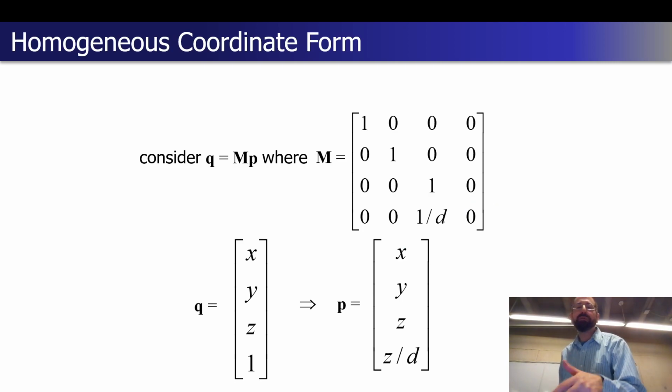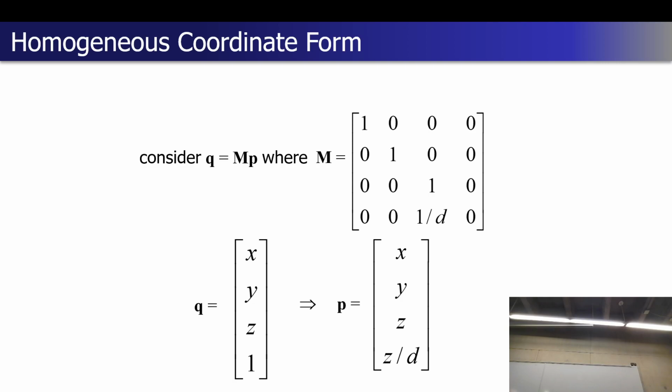It turns out that if we set up our projection matrix like this, where we're now using the homogeneous coordinate system, using our fourth coordinate here to scale these values by a function of D, we can actually just pass in x, y, z.